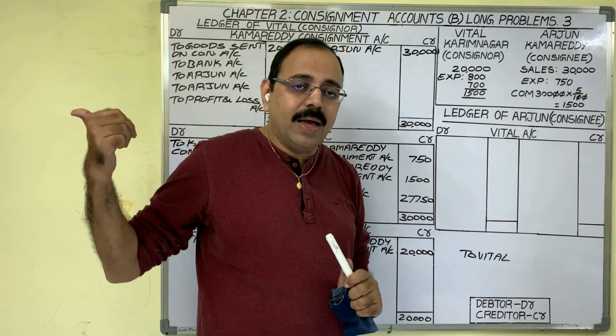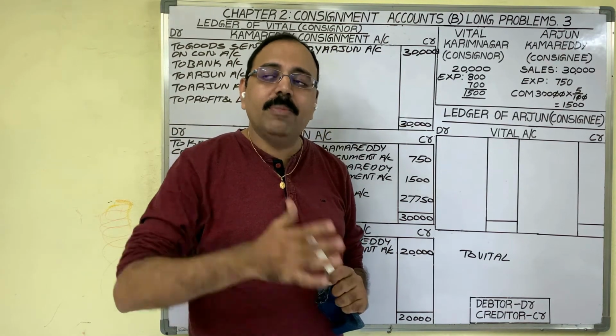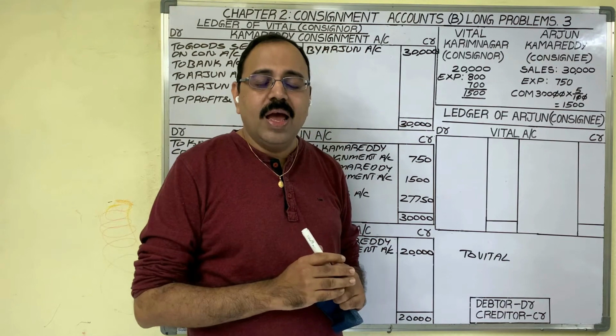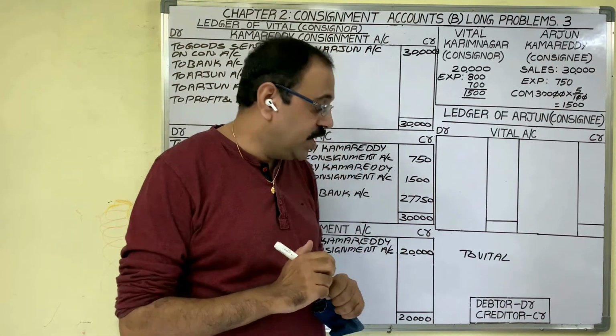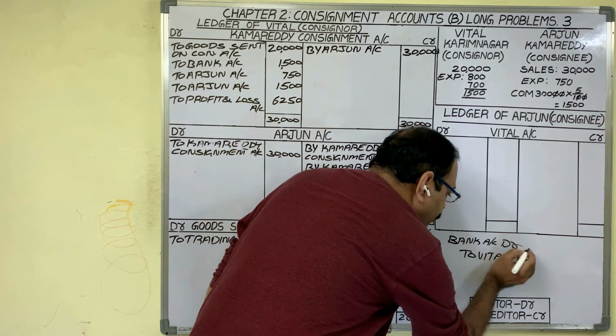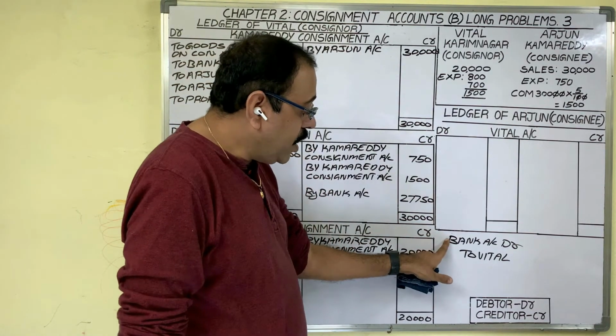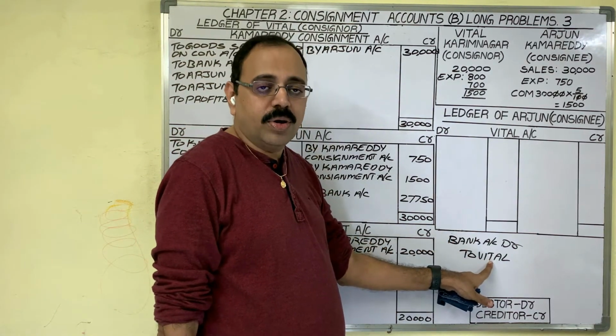So our bank becomes a receiver. Personal account rule: debit the receiver, credit the giver. As our banker is a receiver, we should debit bank account. So the final entry for sales in consignee's books is bank account debtor to consignor account.